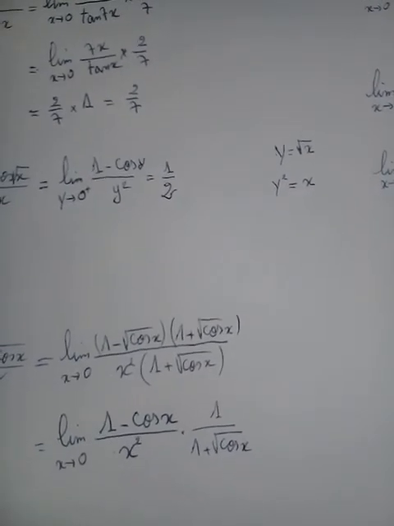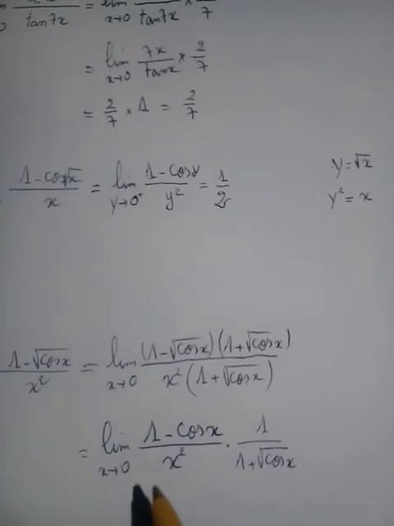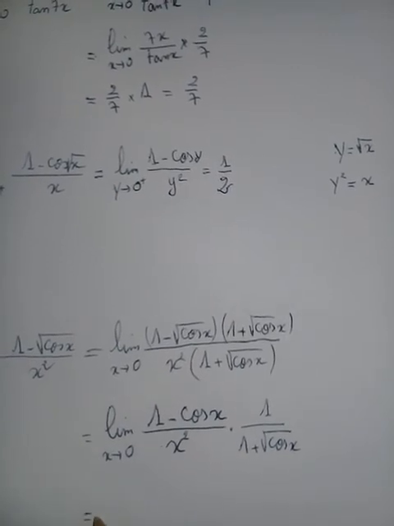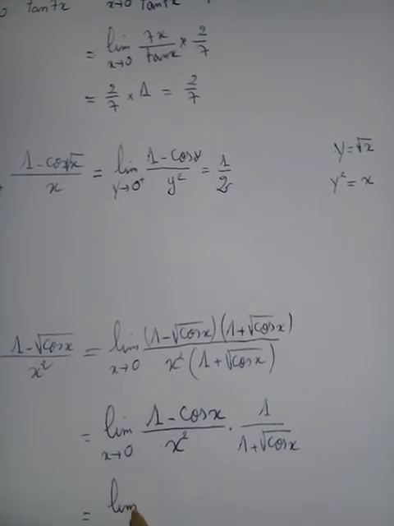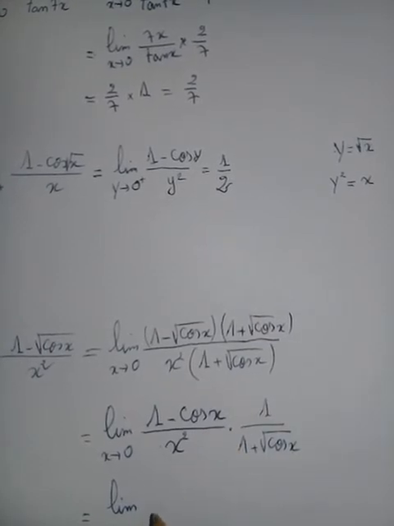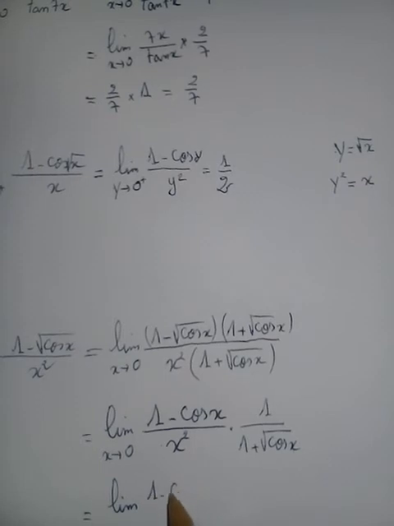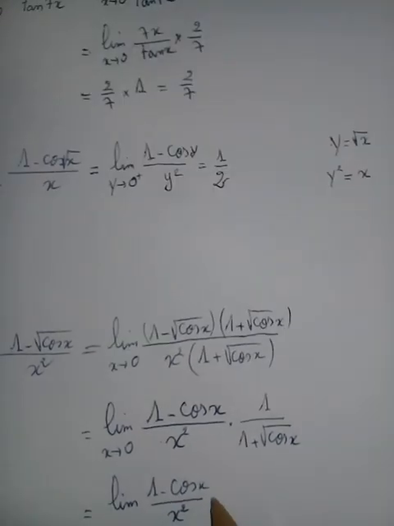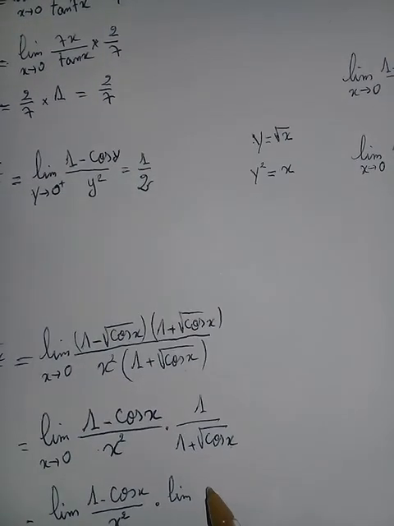So it's the limit of 1 minus cosine x over x squared times the limit of this, x approaching 0.